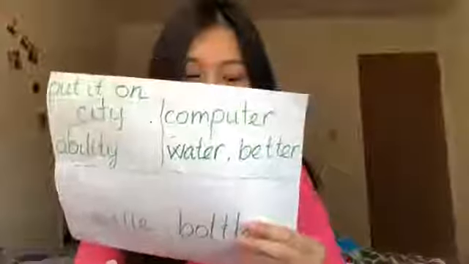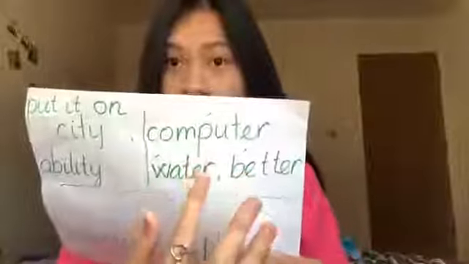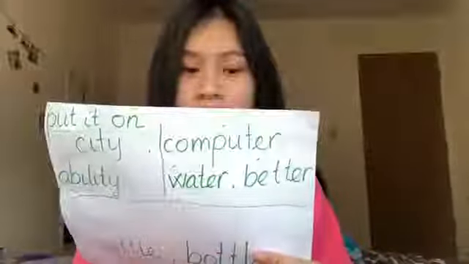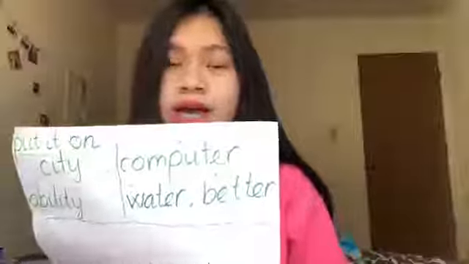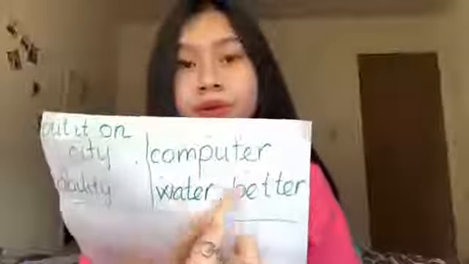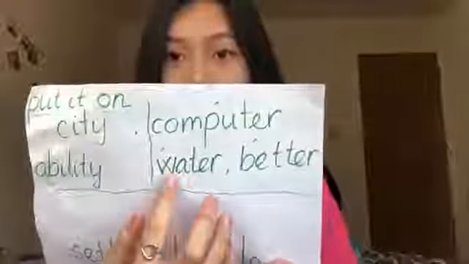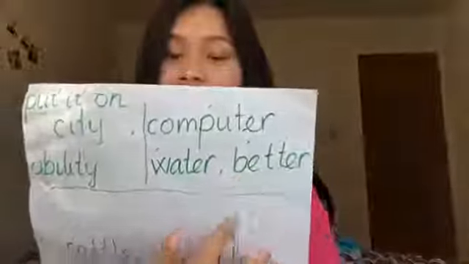When the T is between a vowel and an R, like computer, we don't pronounce it with a hard t. We pronounce it with a d sound. Or water, or better.